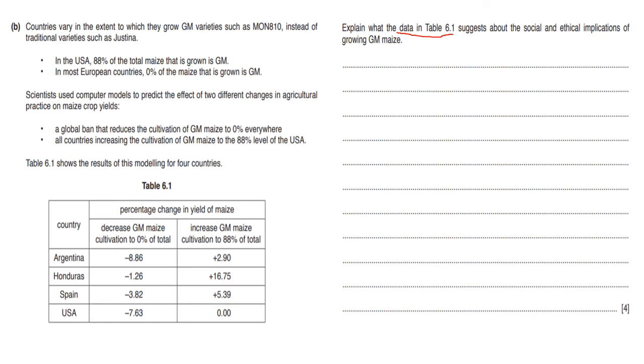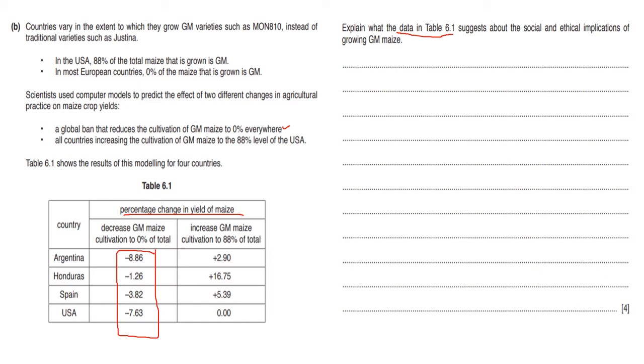So here the data is telling us this is the percentage change in the yield of maize, and then it says when you decrease GM maize to 0%, that's change number 1 over here. There is an overall decrease in the amount of maize that is produced. So there's an overall decrease in yield of maize.